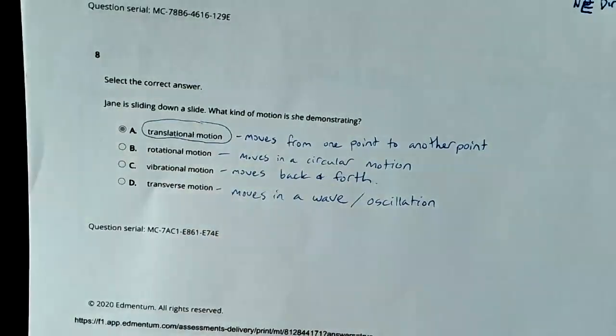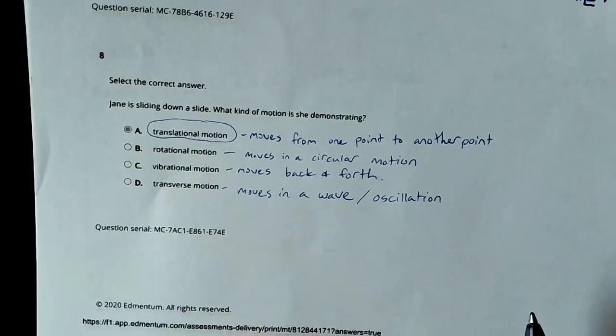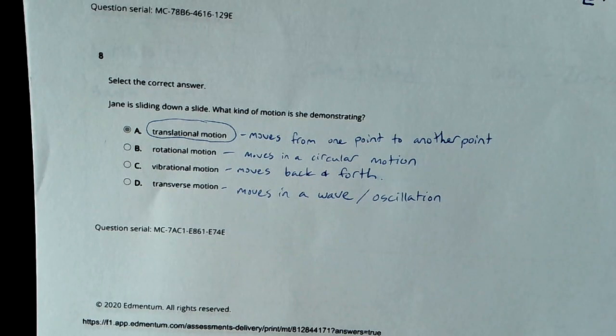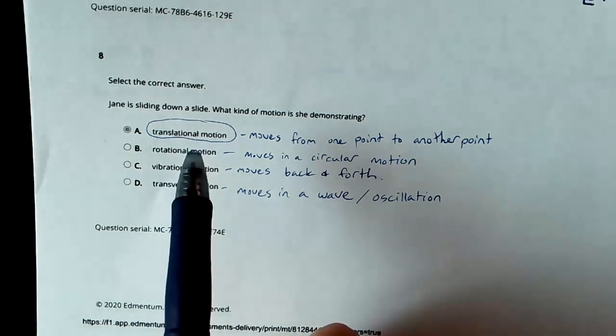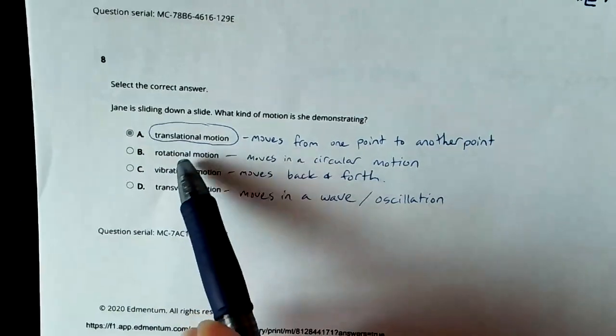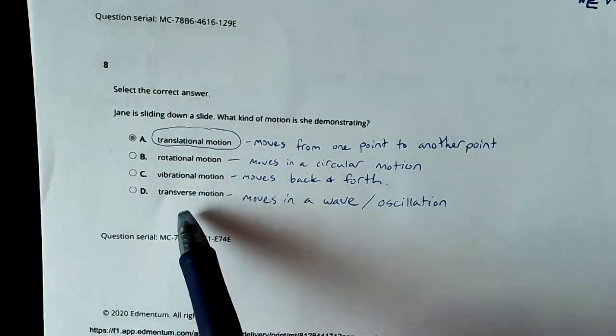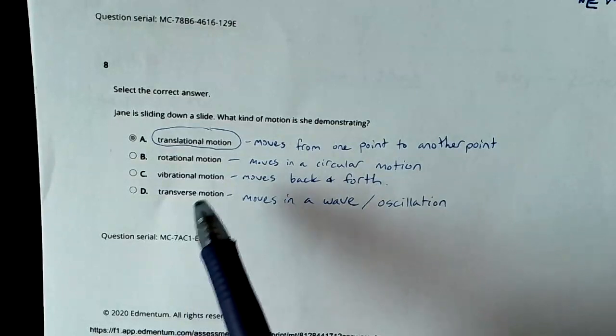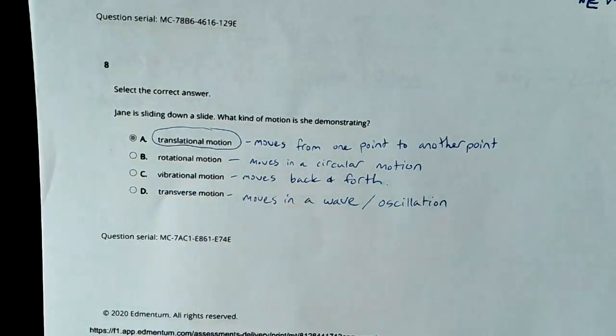Next question. Number 8. Jane is sliding down a slide. What kind of motion is she demonstrating? Okay, we talked about these different motions: translational, rotational, vibrational, transverse. Rotational motion, that means you're moving in some type of circular motion or things are rotating.